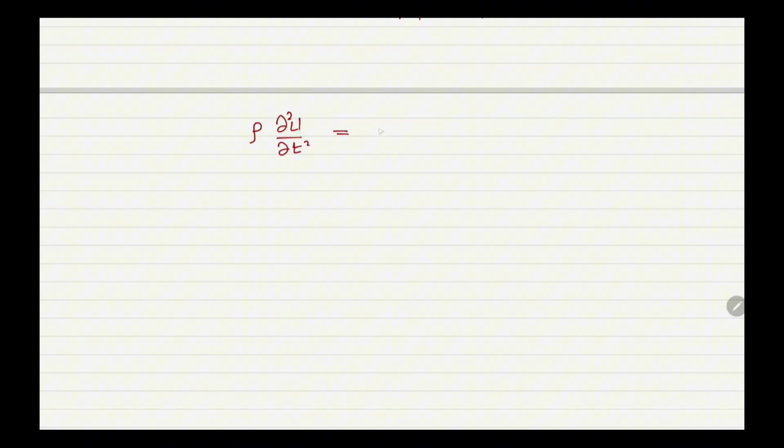It's equal to partial x of the stress, remember the force is related with the energy, partial xy partial y plus partial xz partial z. Now rho here is the density.